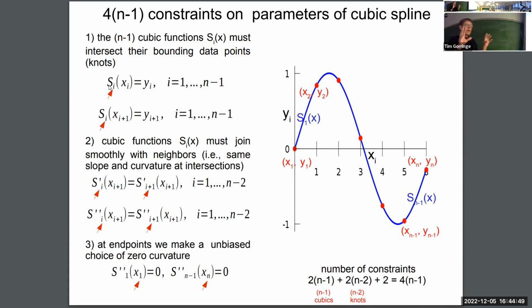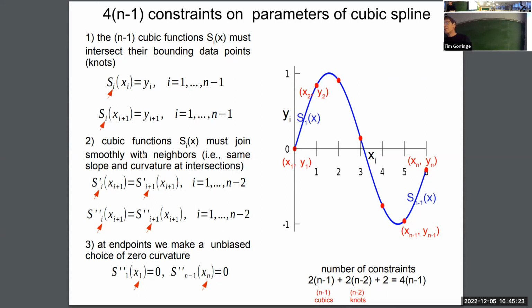In the language of splines, the spline must intersect with the knots at either end of the spline. That's 2 constraints for every cubic function, and we've got n minus 1 cubic functions across the range of data. So it's 2 times n minus 1 constraints that come out of this first category.